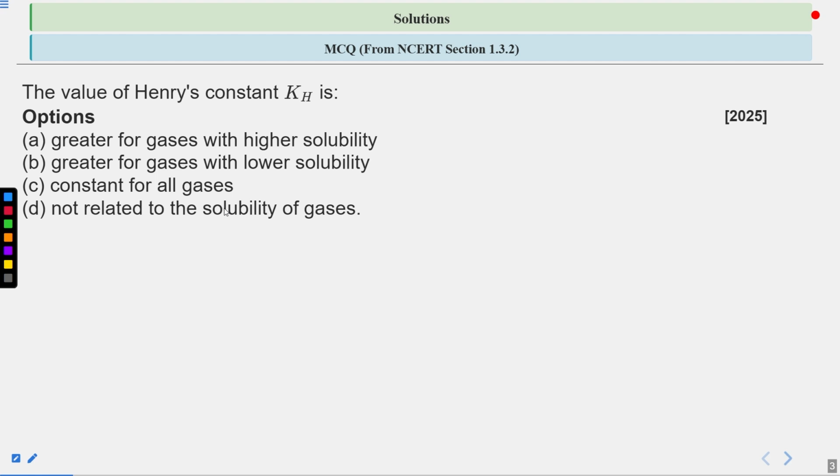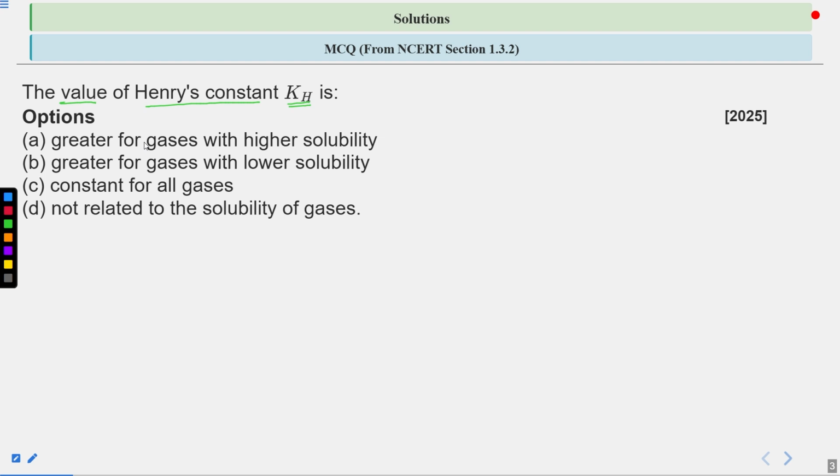Okay, so let's start with the first question, which is an MCQ type question, and we have covered this question from NCERT section 1.3.2 in the chapter Solutions. The question asked is: the value of Henry's constant KH is. From the given options, you have to correctly match the value of Henry's constant, that is KH.